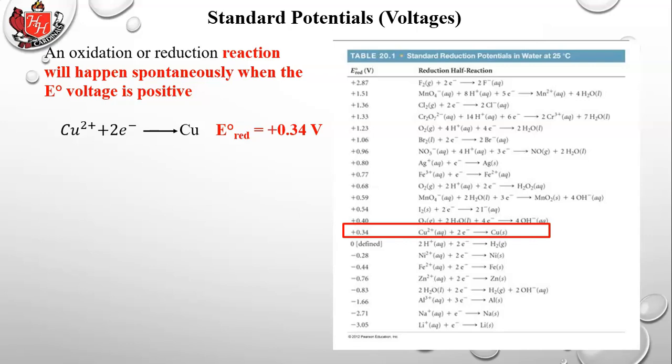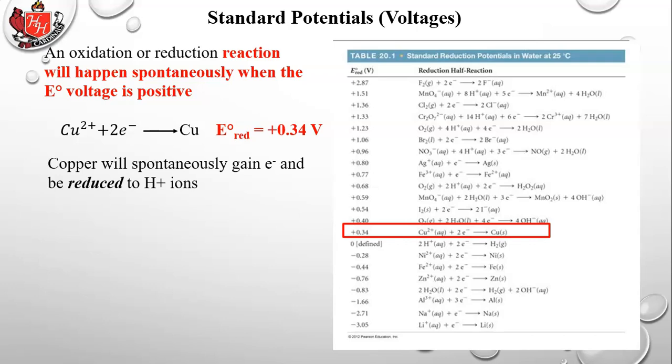Again, go back and review a couple lessons back where we talked about this. And so now we're putting a number to that, and that would be positive 0.34 volts. And so that means it happens spontaneously because that voltage is a positive number. Copper will spontaneously gain electrons and be reduced against hydrogen. So if you compare it to hydrogen, it will be reduced.